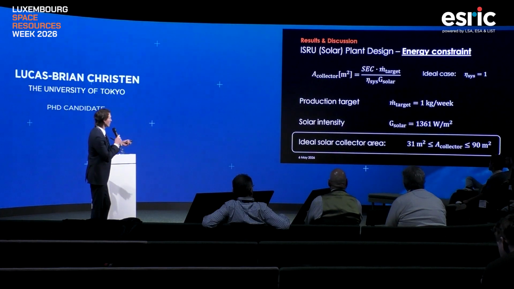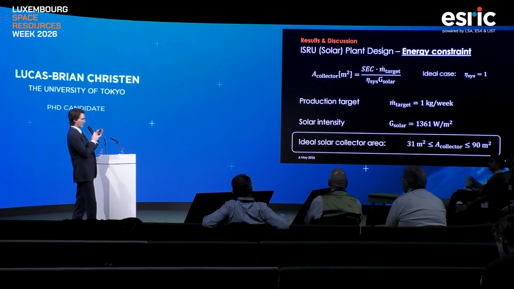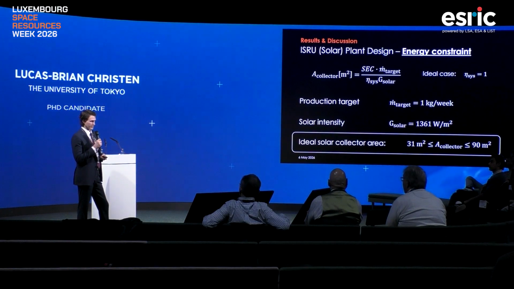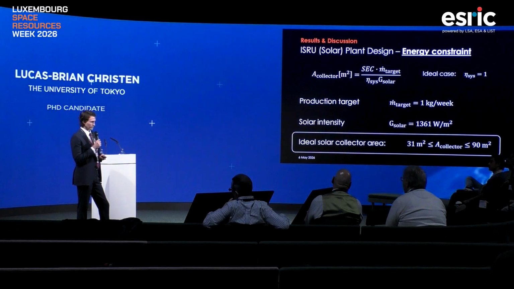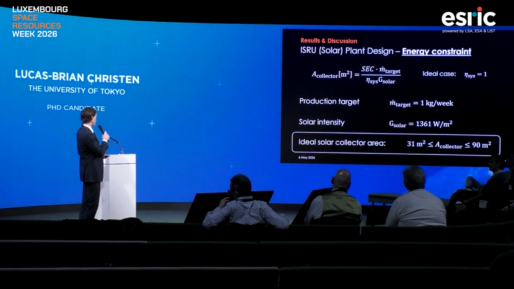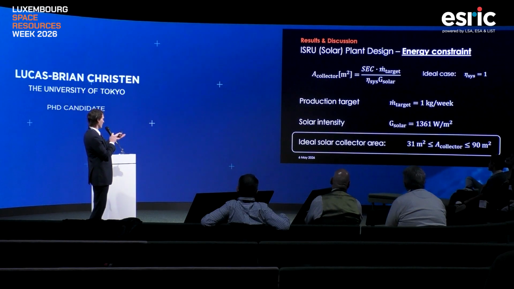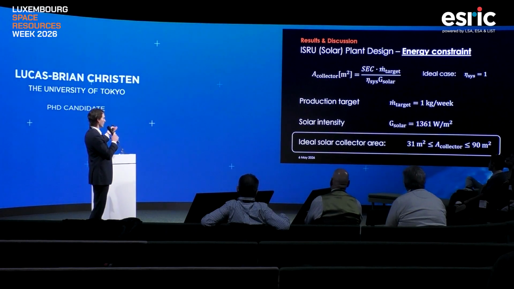And now we can say what effect does that have on a potential ISRU solar plant. For example, now that we know the specific energy consumption, we can derive how much area we need to collect solar light to provide that amount of energy.